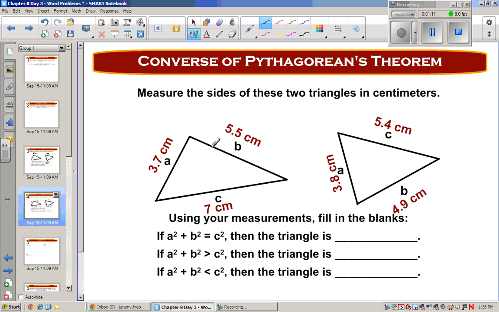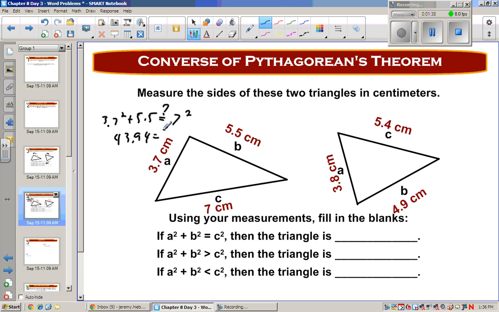If I plug in some numbers, 3.7 squared plus 5.5 squared, and I want to see if that's equal to 7 squared, first you grab a calculator, unless you know 3.7 squared off the top of your head, and then you add that to 5.5 squared, and you get 43.94.